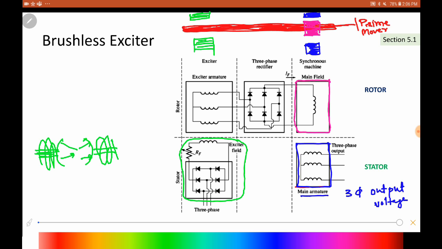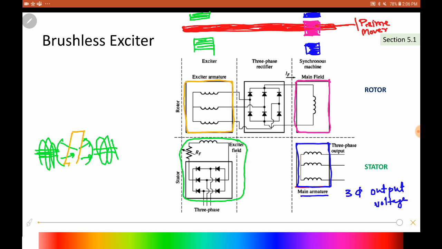a loop. You have a rotating loop or another set of three-phase windings. So we discussed, okay, we have a rotating loop.